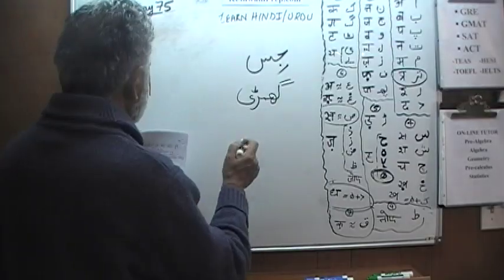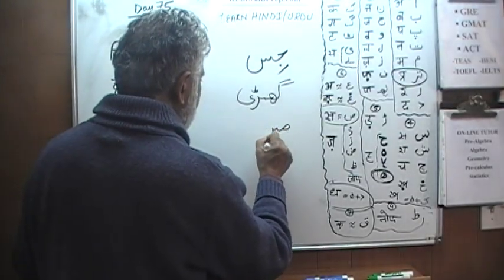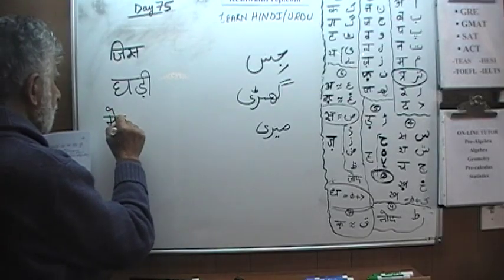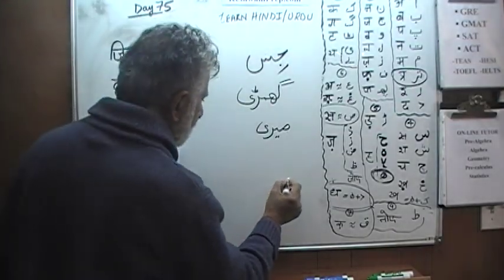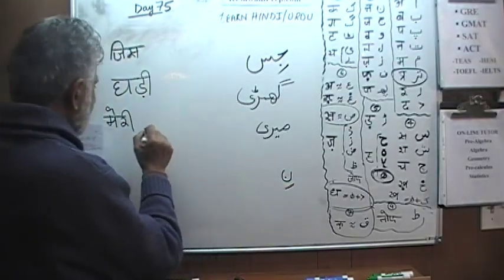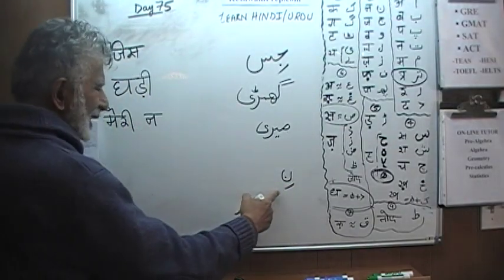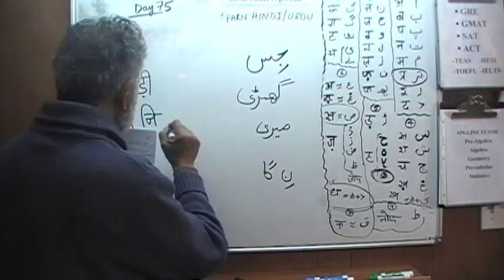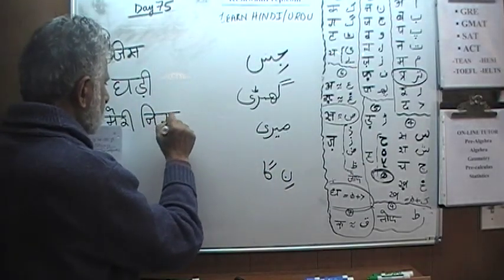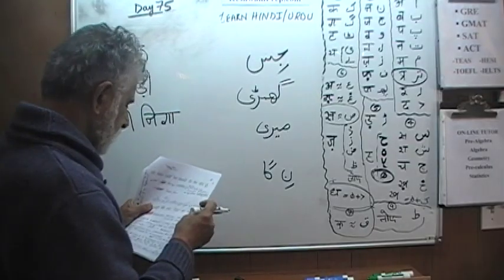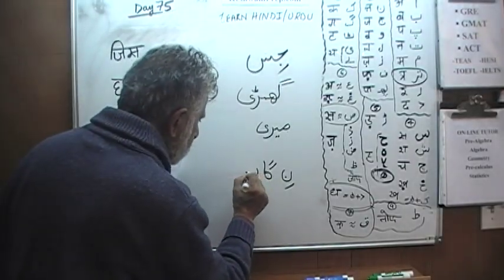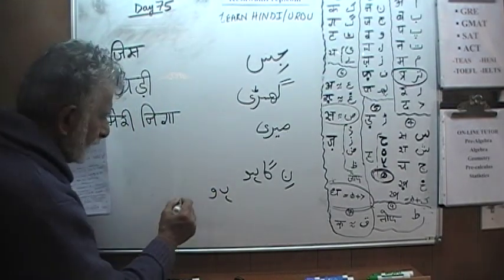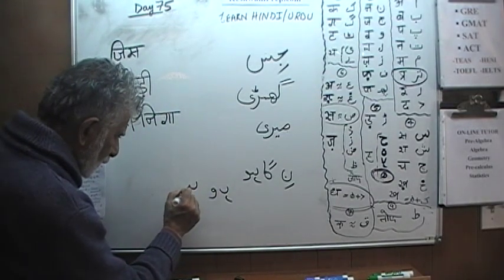Meri. Nigahon. Ni, choti ki matra, then a gaf, niga, and then a he. That's a he and a waw. When he joins the waw, we need one more loop to join the waw.